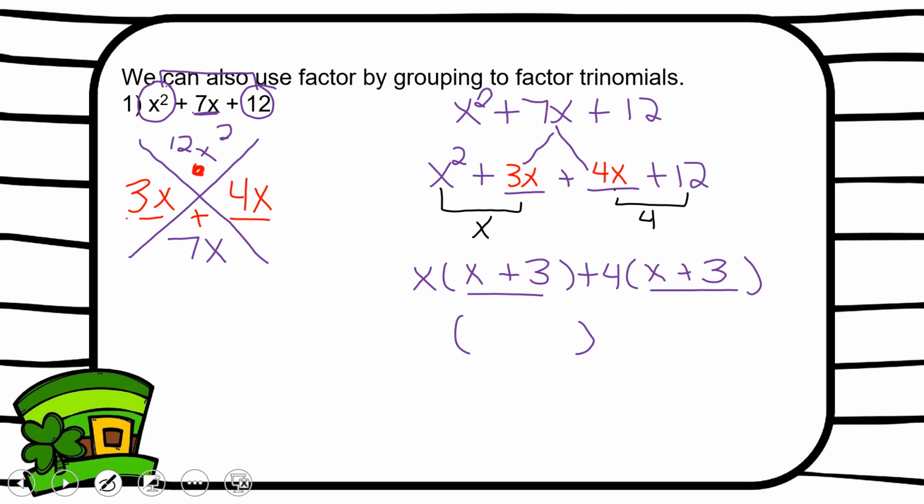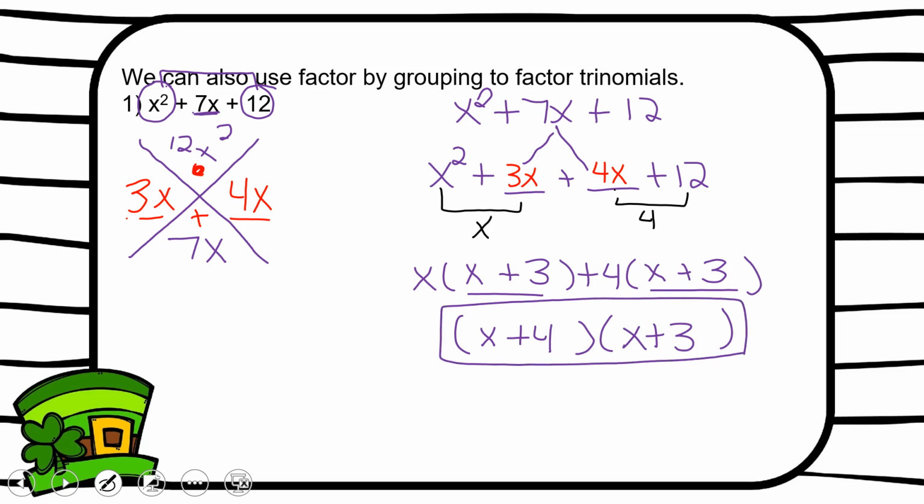So now I'm going to regroup. The GCFs go in one group and the match goes in another, and that should be my answer. Remember, we can always check these very quickly.